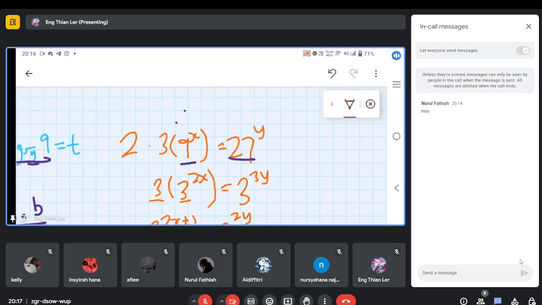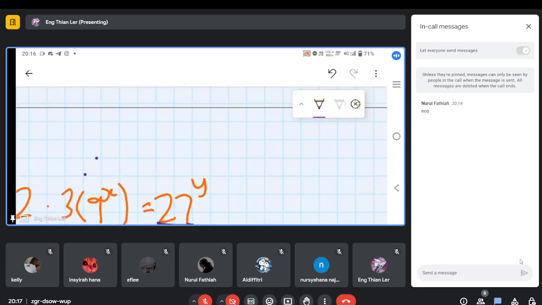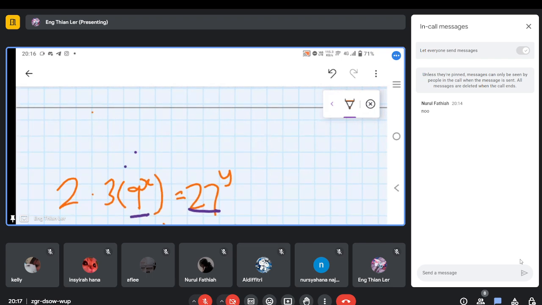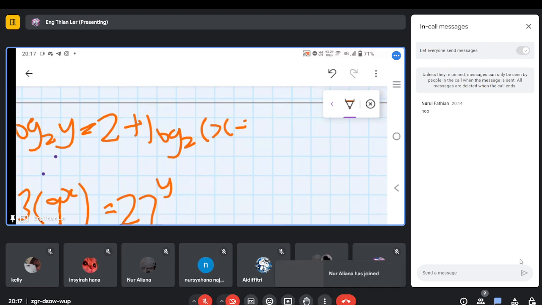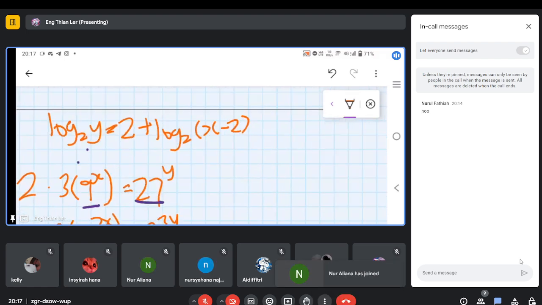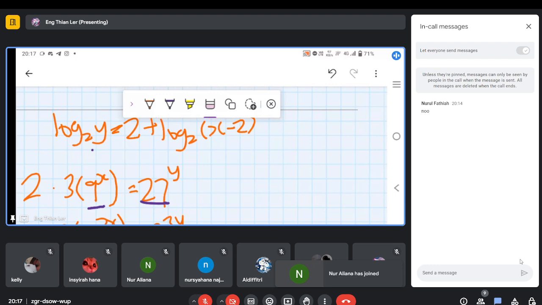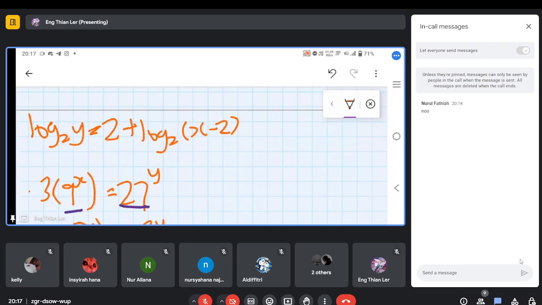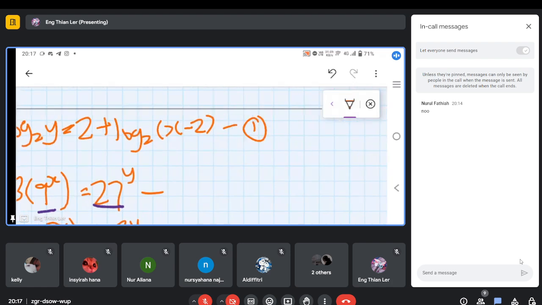Oh wait, this is a simultaneous equation. I forgot to write the first equation first. So this will be the first one, and this will be the second one.